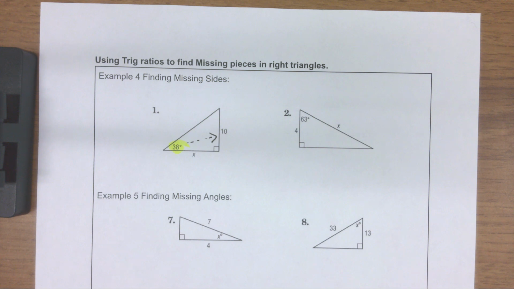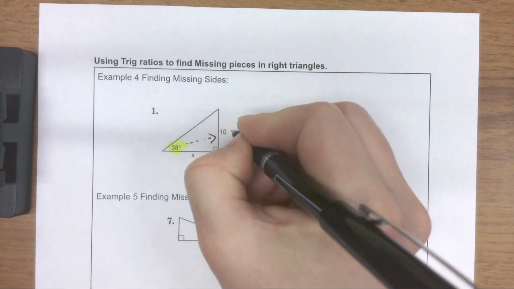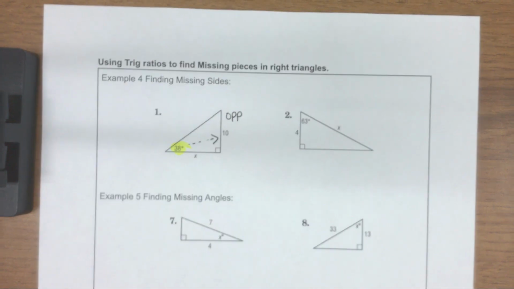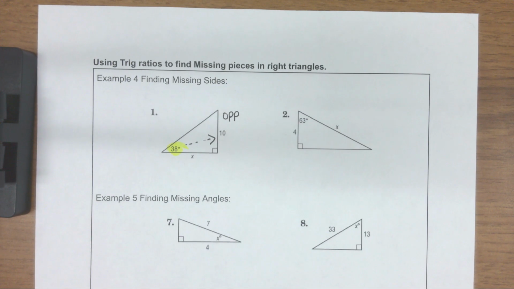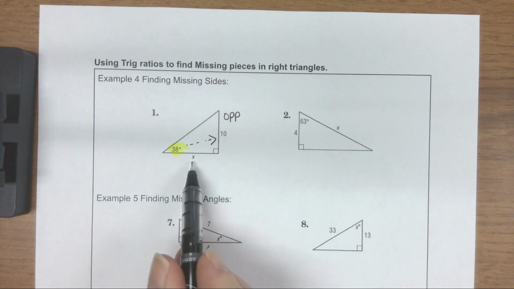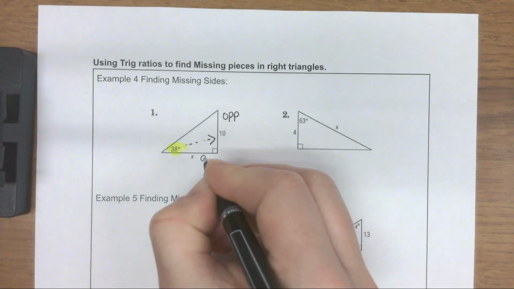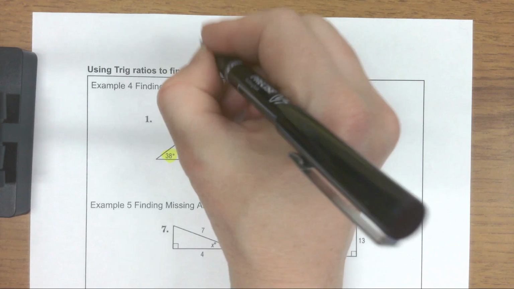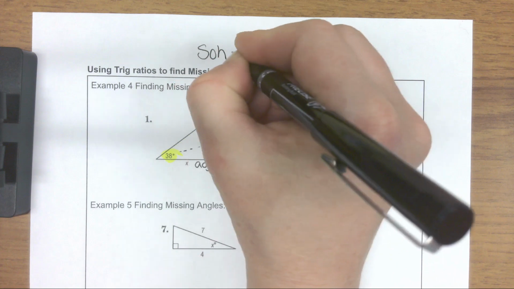What piece is the 10? This is the opposite, correct? Then you're going to identify the piece that you're trying to find. Is this the adjacent or the hypotenuse? Adjacent. With that information, you're going to take your ratio and pick the one that you know.